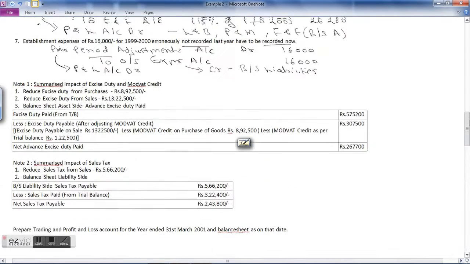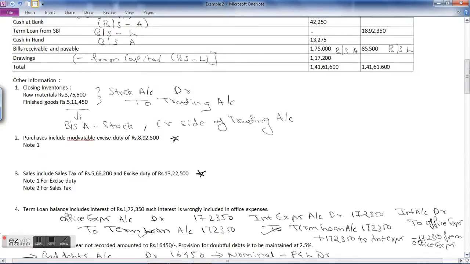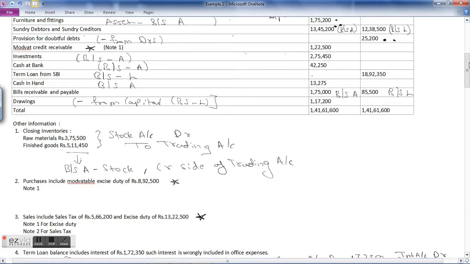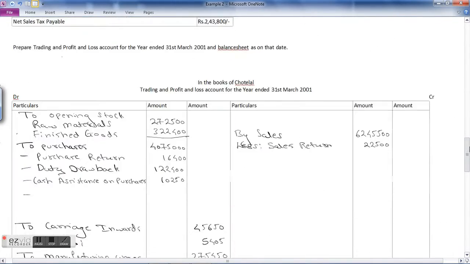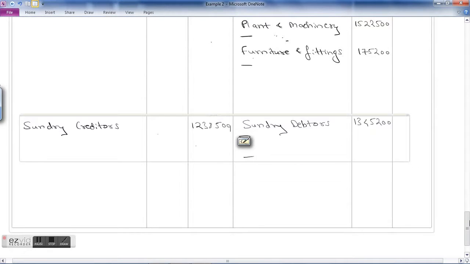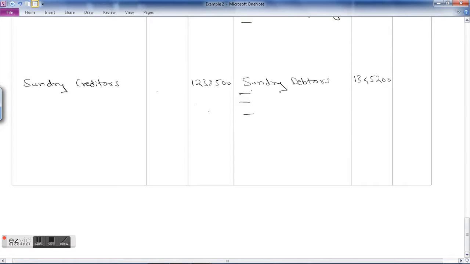Okay, then the next one, provision for doubtful debts. So you have to reduce it from debtors, but there is some adjustment to doubtful debts. So as of now we'll put this provision for doubtful debt 25,200. So provision for doubtful debt will reduce it from debtors. Okay, and there is some adjustment for provision for doubtful debts, so I'll put it here only.